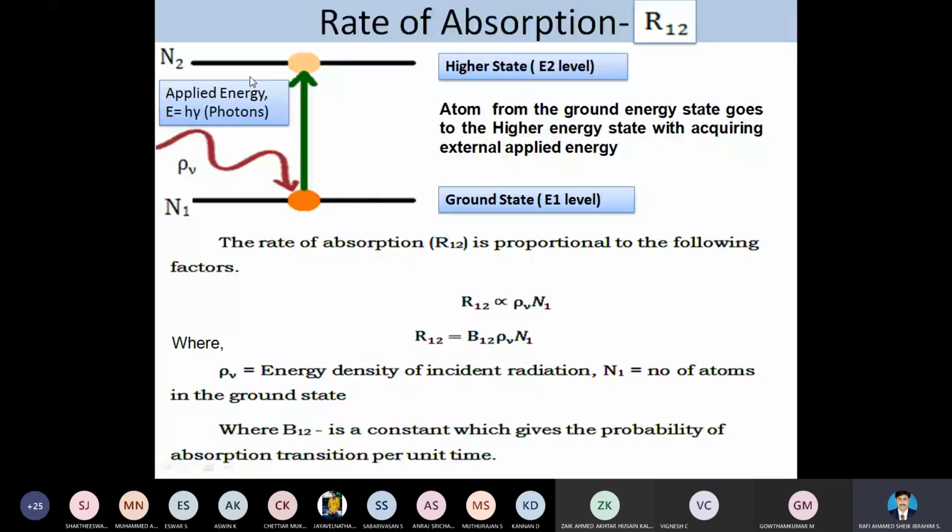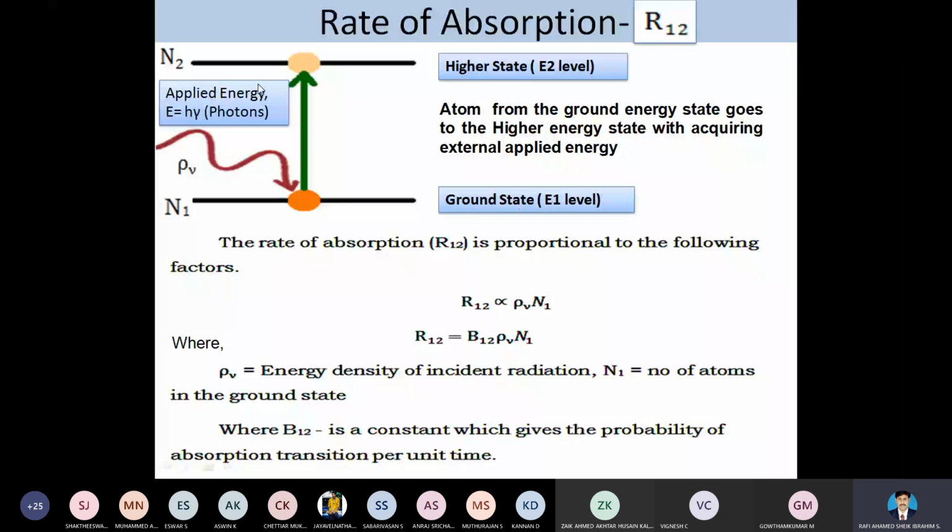Here we can see the energy level diagram for absorption. In this energy level diagram, this line is the ground state.